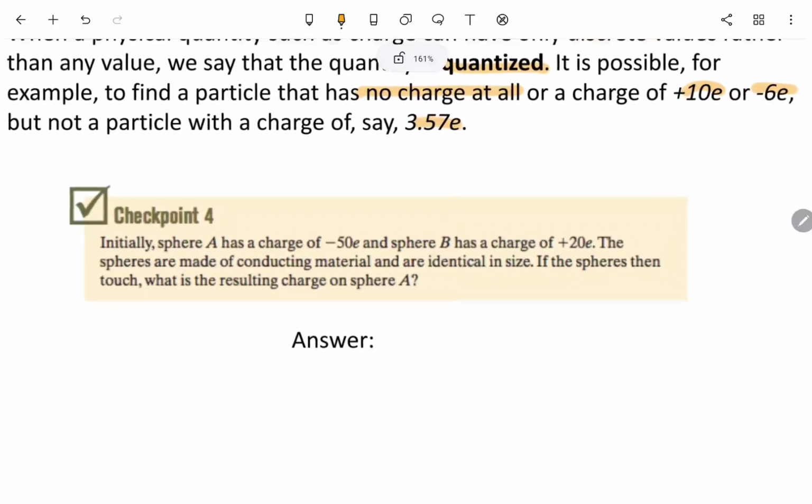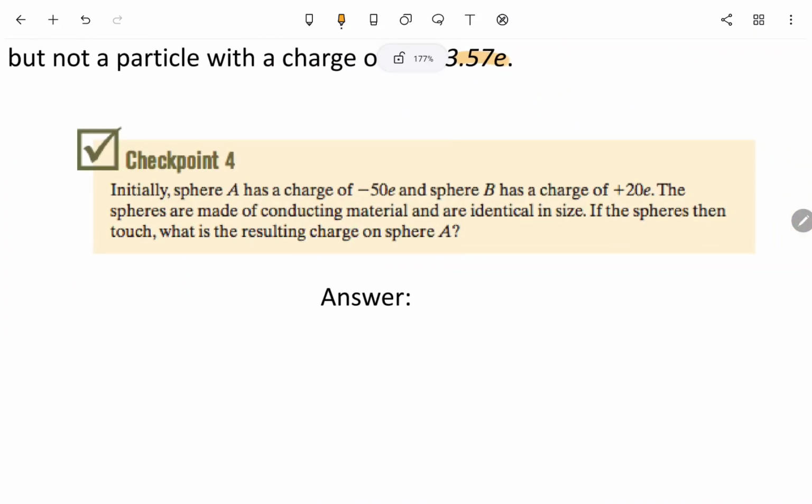Here we have a checkpoint. Initially sphere A has a charge of negative 50e. Sphere B has a charge of plus 20e.